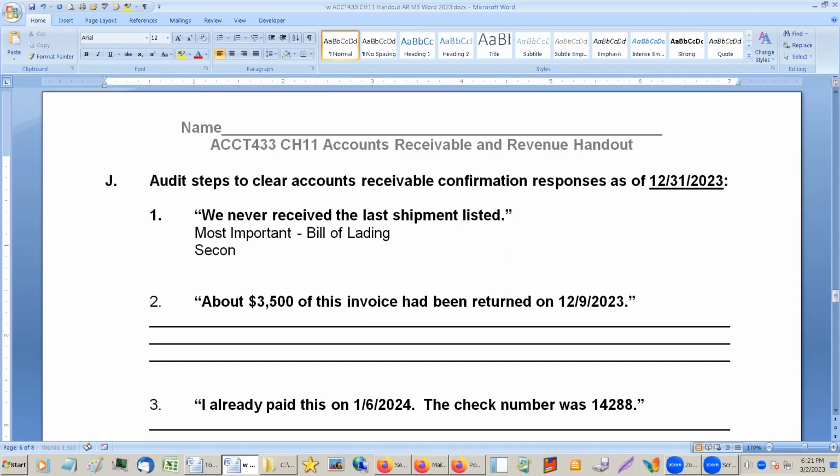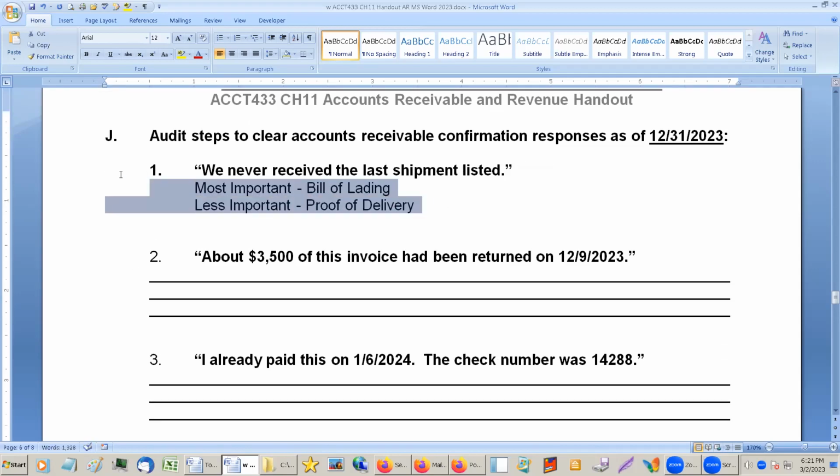Second, less important, is the proof of delivery. The reason why that's less important, here, let me highlight those. So the most important is going to be the bill of lading. That shows evidence that the item was shipped, or it could show evidence that it wasn't shipped.